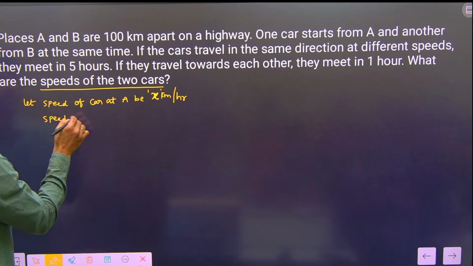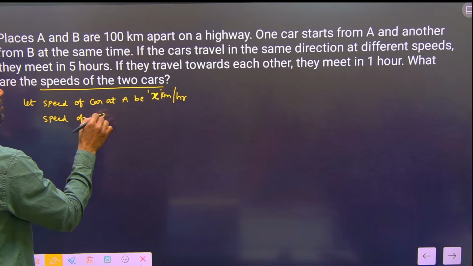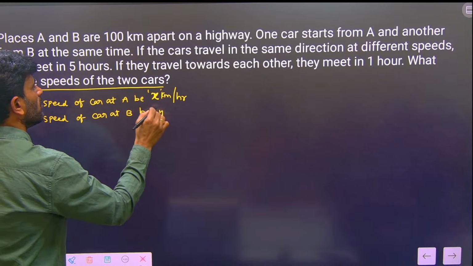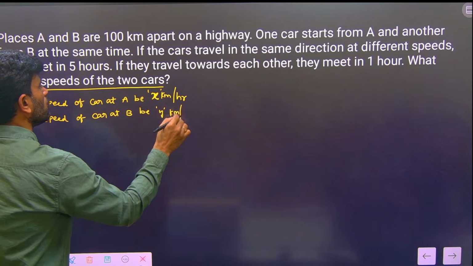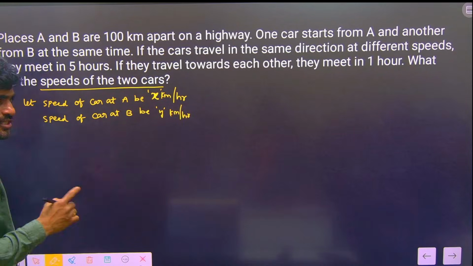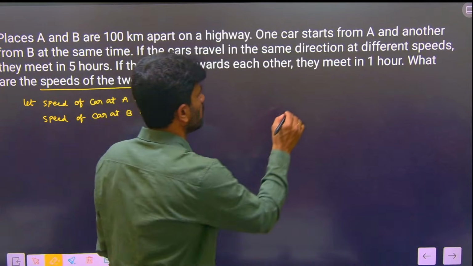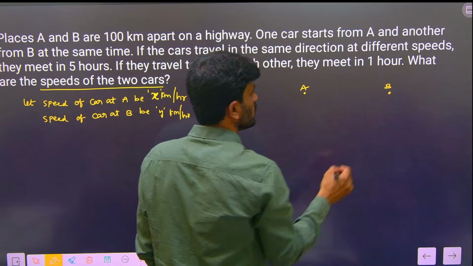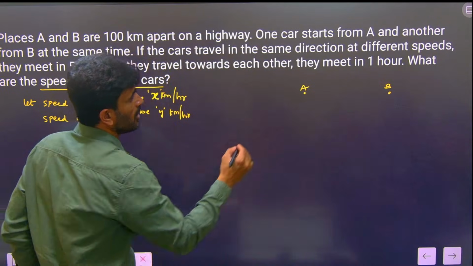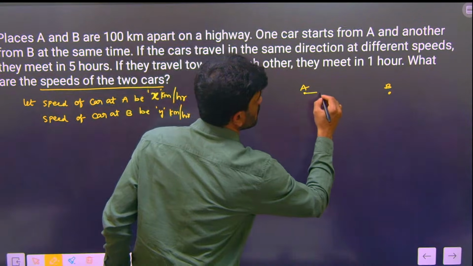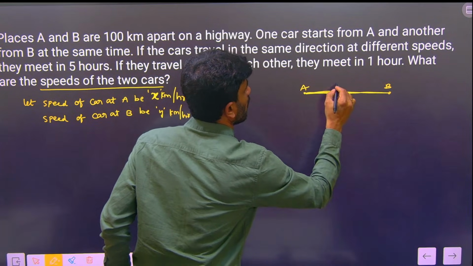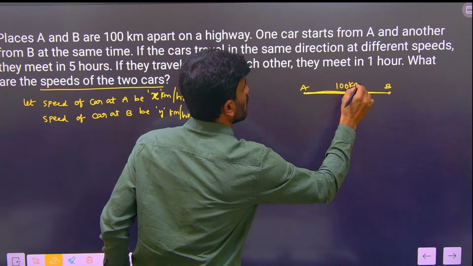Let the speed of the car at B be y kilometers per hour. Two cars are there. One is at A, another is at B. Now let us come here. This is at A and one more is at B. Now this is the distance between the two. How much distance do we have here? 100 kilometers, that is okay.